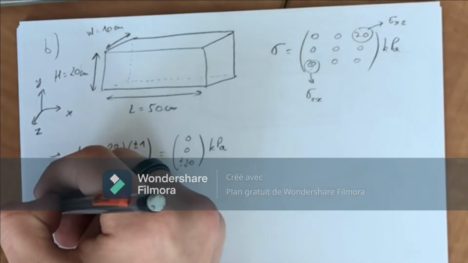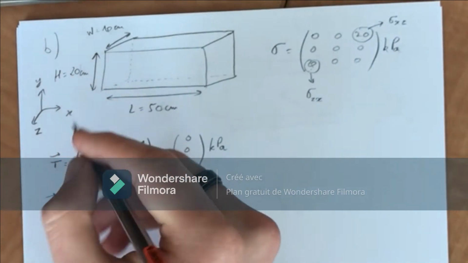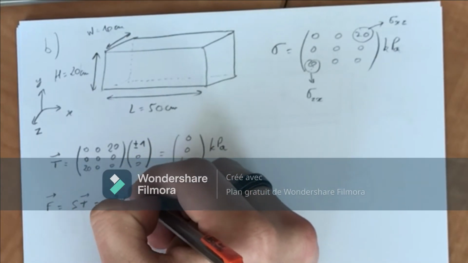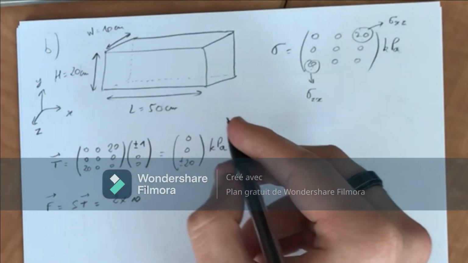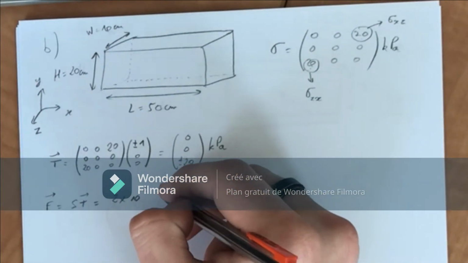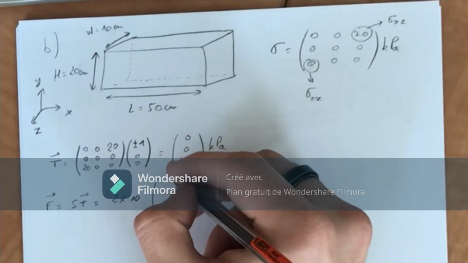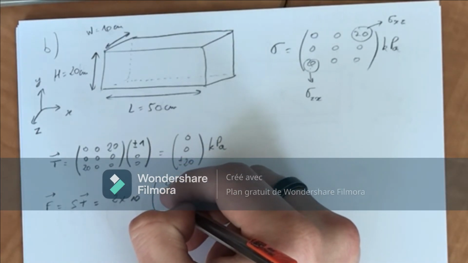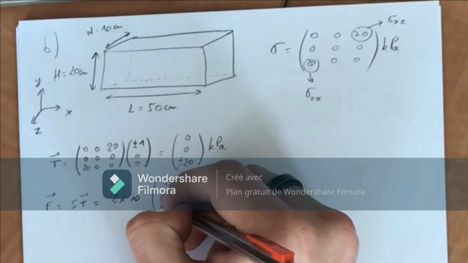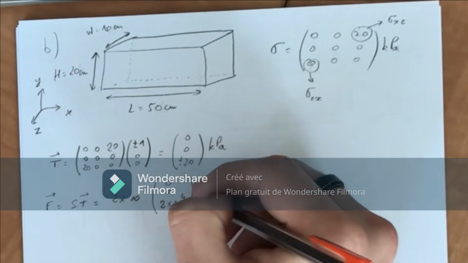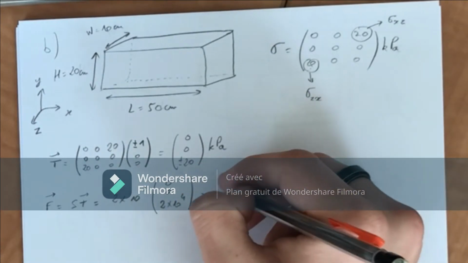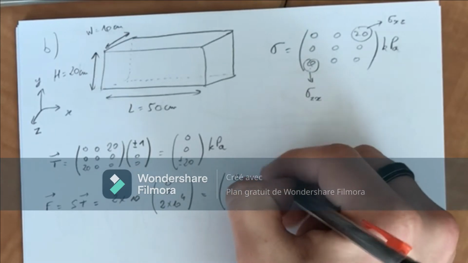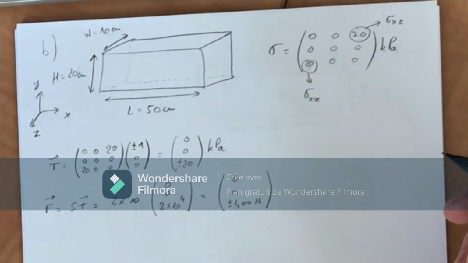So the force related to the stress tensor is equal to 2 times 10 to the minus 2, which is 20 centimeters, times this stress vector. This is 20 kilopascals. And we will have at the end plus or minus 400 newtons.